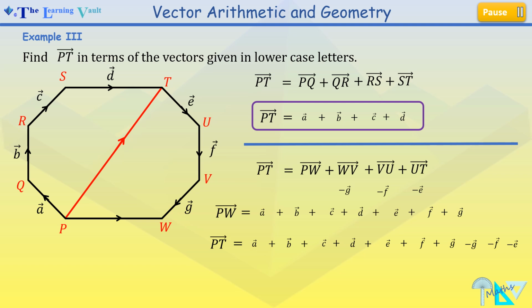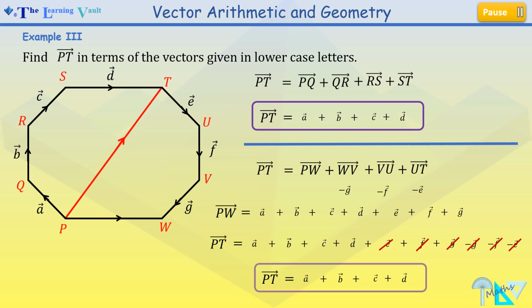Now, let's observe carefully and see that the positive vector e will cross out the negative vector e. Positive vector f will cross out the negative vector f. Positive vector g will cross out the negative vector g. And we're left with PT equals vector a plus vector b plus vector c plus vector d.